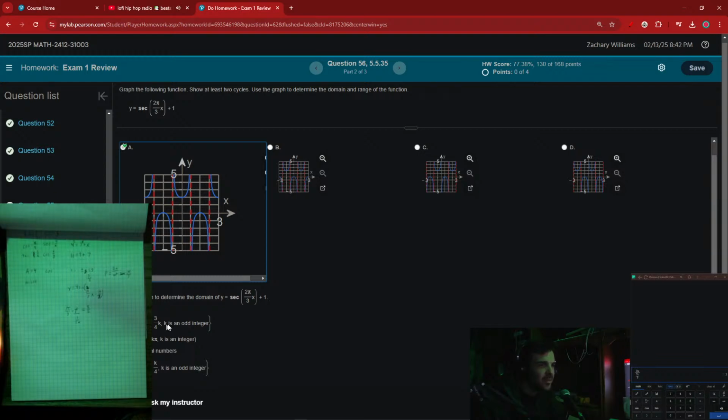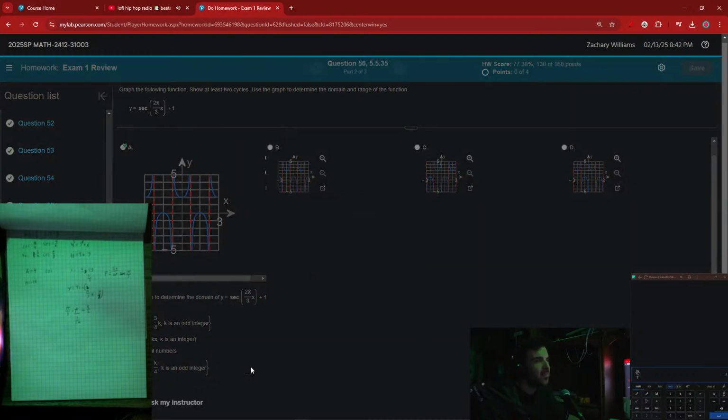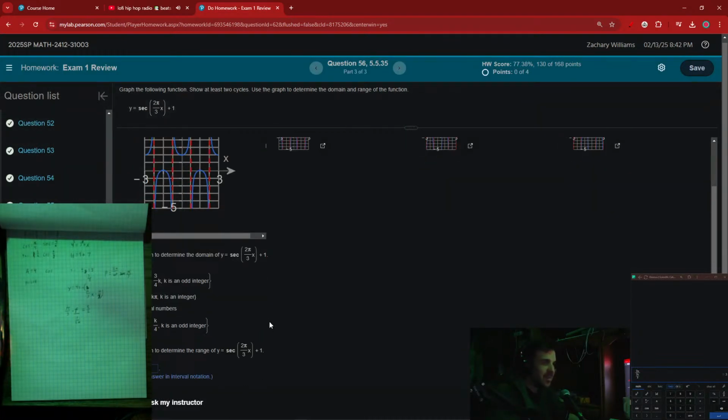I think it's 3/4. 3/4. 6/4. Yeah, this is 3 over 1. 1, 2, 3, 4. Yeah. Even, odd, even, odd, even. Okay. That's a weird way of doing that, but it works, I guess.